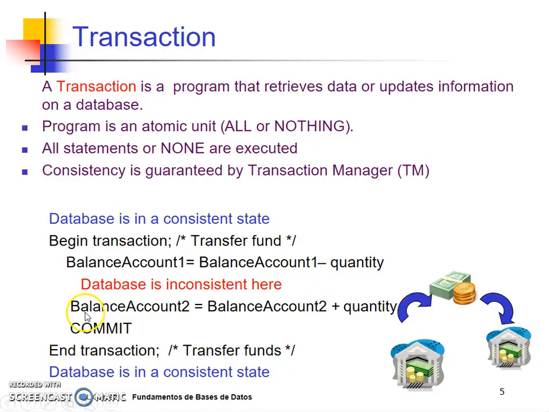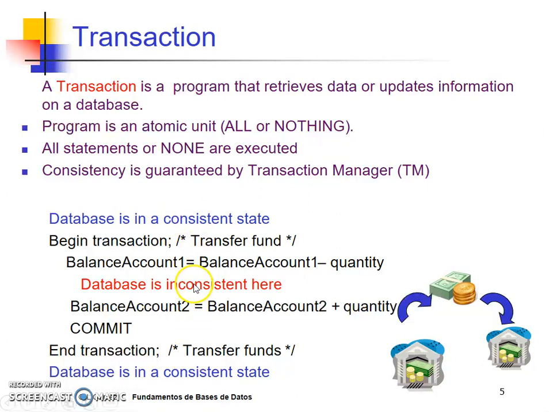But if you continue the execution, you change the balance on account 2 and you add the quantity. Then you finish the transaction by doing a commit operation. You end the transaction and the database is in a consistent state. So it is important that when we are executing a transaction, we start from a consistent state and we move to another consistent state.